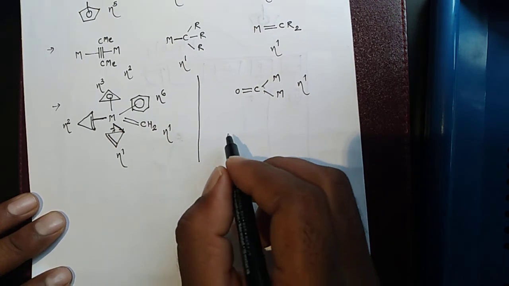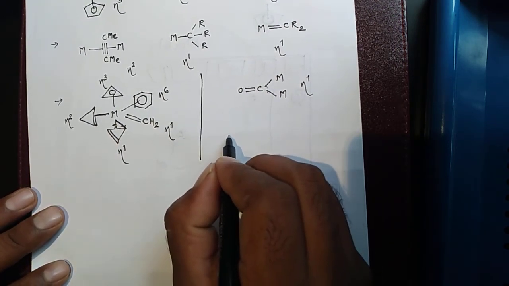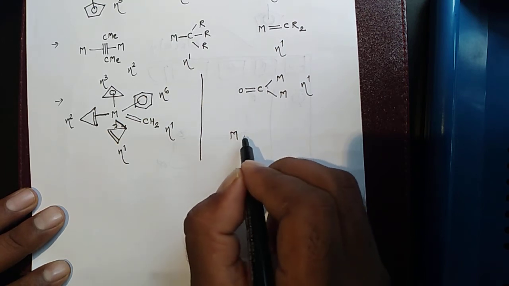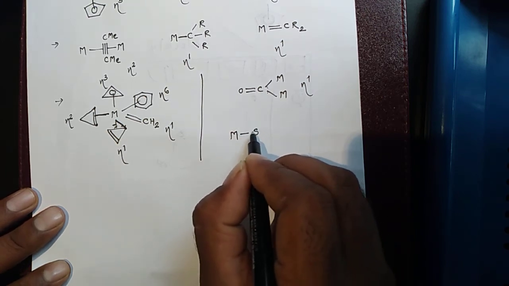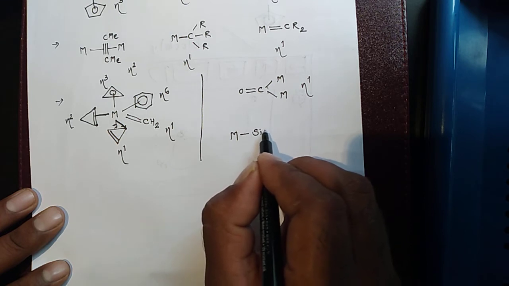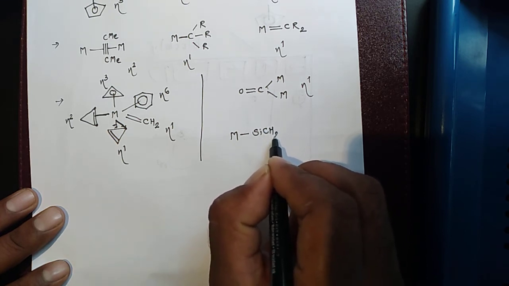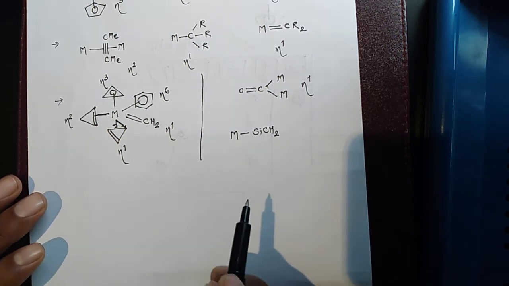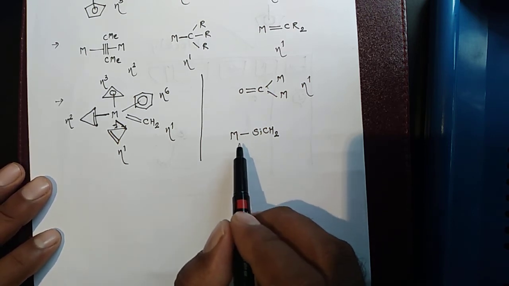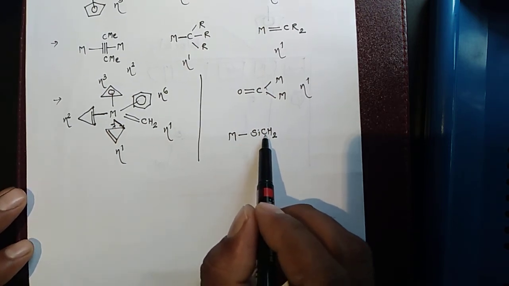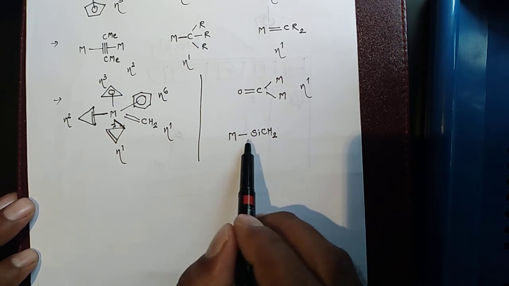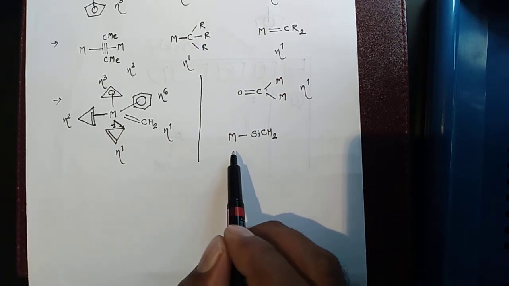Understand? Hope so. Then another example: metal directly attached to silicon and CH2. So again, the metal is not directly attached to the carbon, so is this an organometallic compound or not?